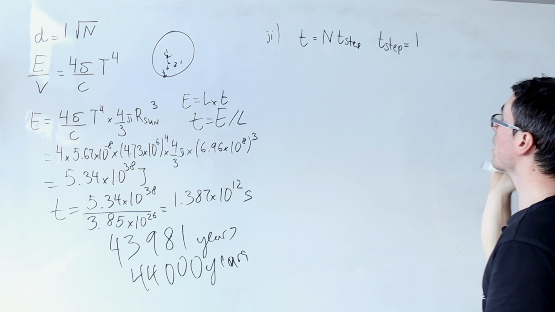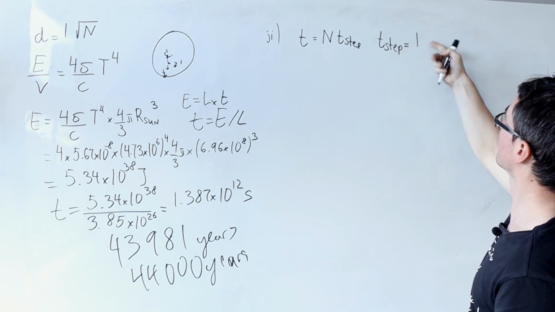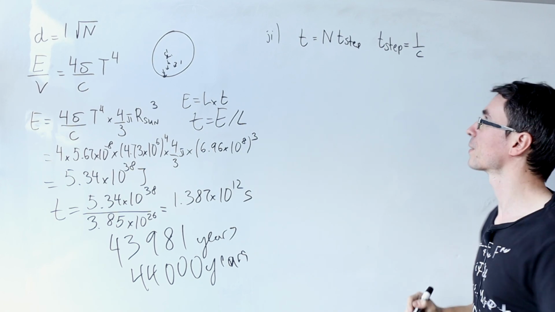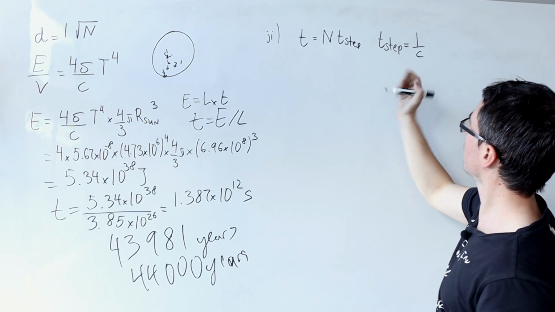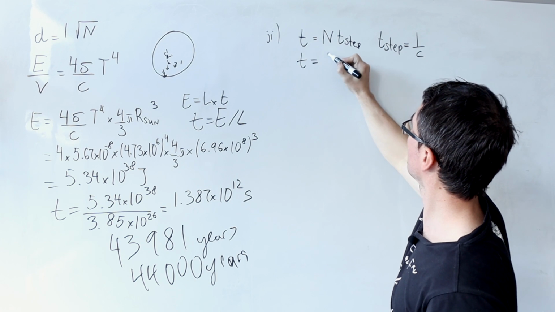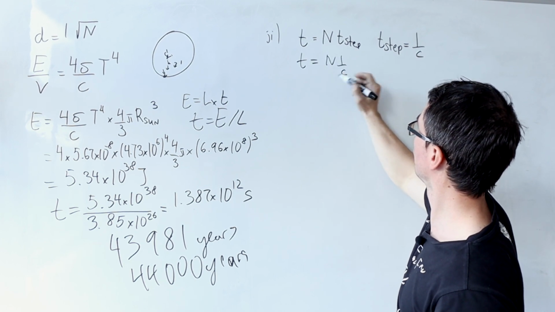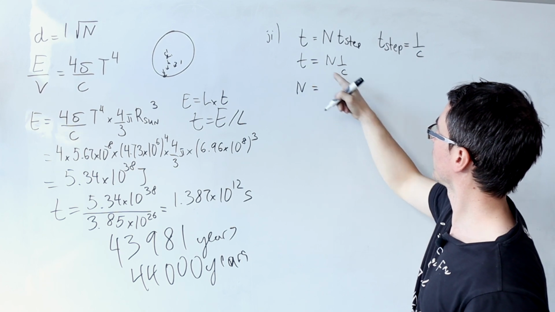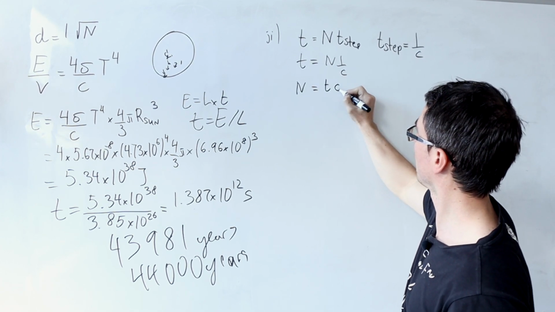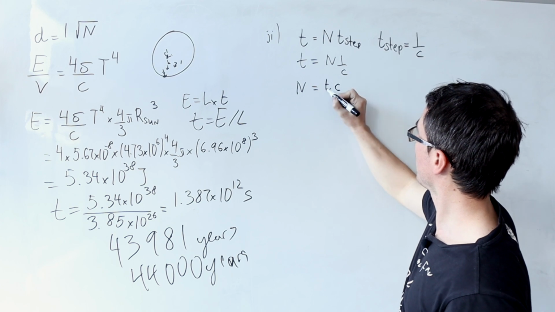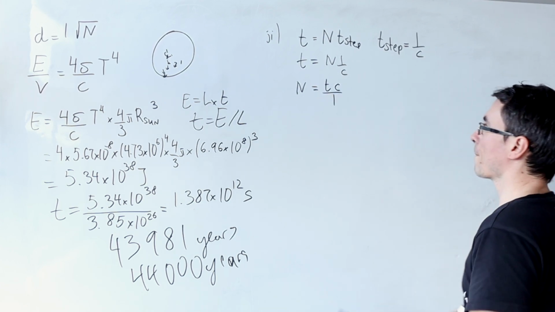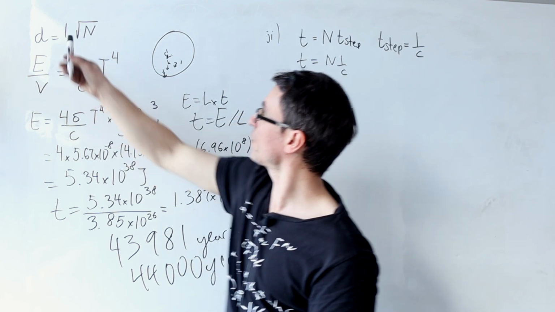So let's see, time is going to be distance divided by the speed of light. Okay, well, this means that T will be N L over C, meaning that N will just be given by T multiplied by C, and then divided by L. That's right, isn't it? Yep. But we also know that this is also true.